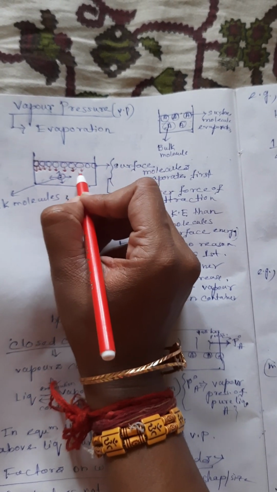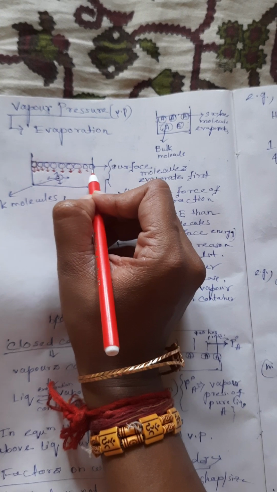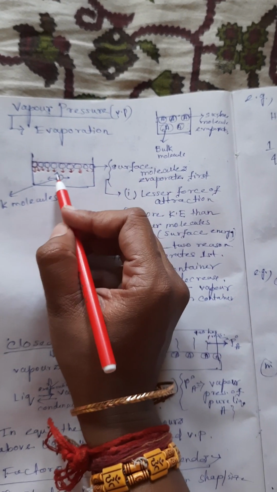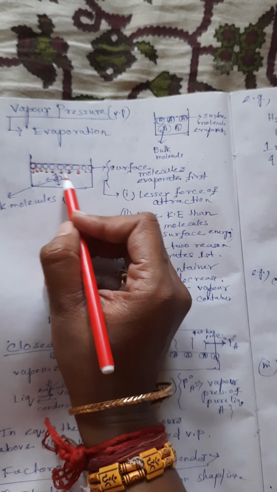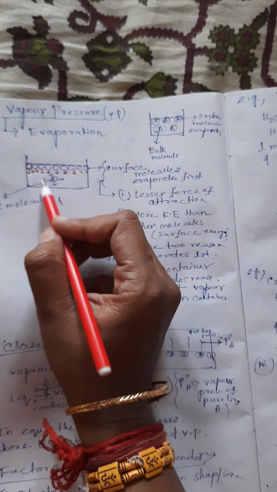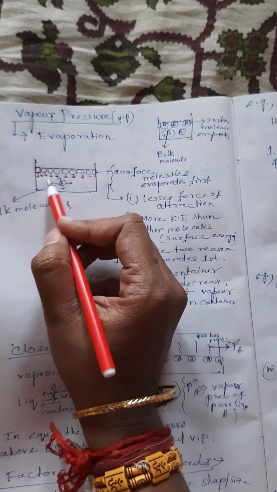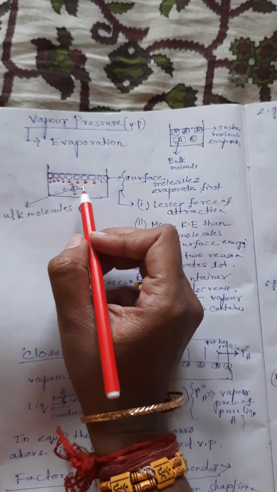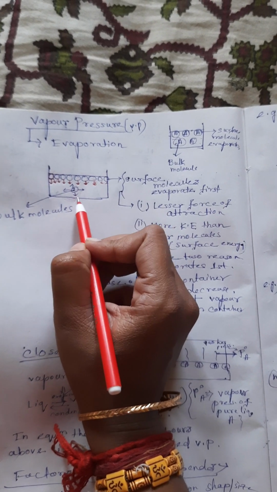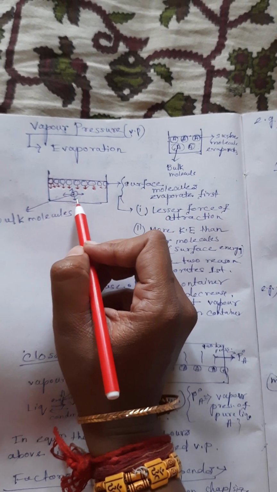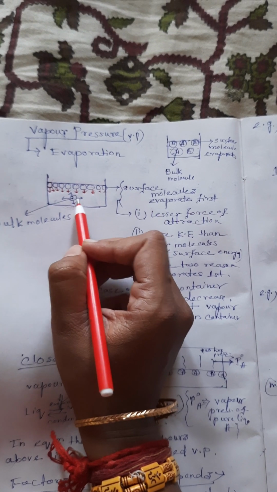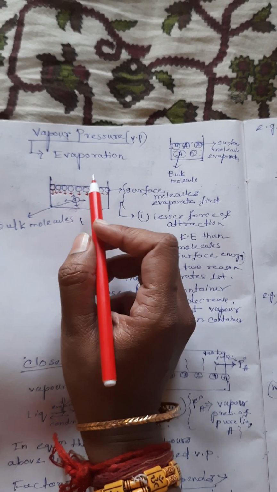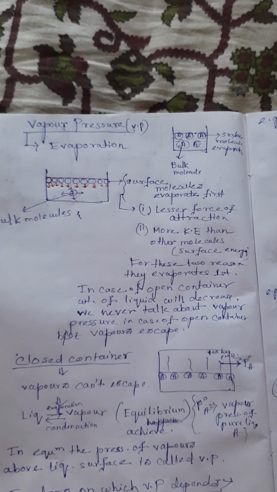That means force of attraction is created only below its position. But in case of bulk molecules, the force of attraction is created in all directions. That means in case of bulk molecules, a greater number of forces of attraction are created, but in case of surface molecules, a lesser number of forces of attraction are created.